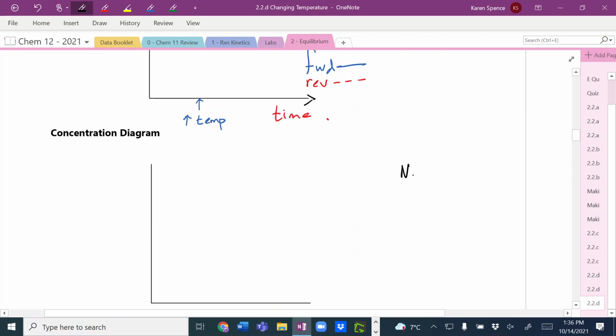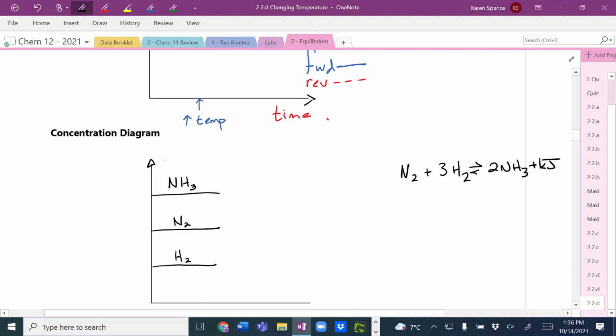We have N2 plus 3H2 in equilibrium with 2 NH3 plus our kilojoules. And does it matter? No. So I'm just going to arbitrarily put my NH3 here, my N2 here, and my H2 here.